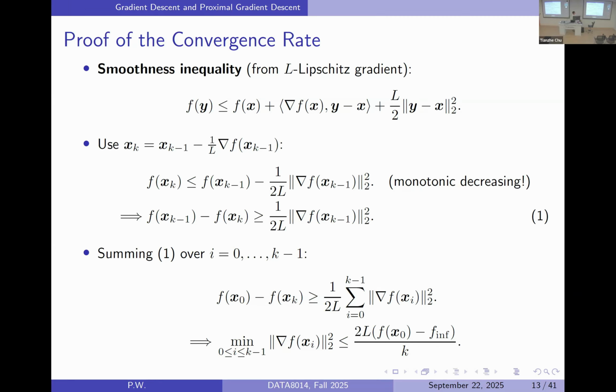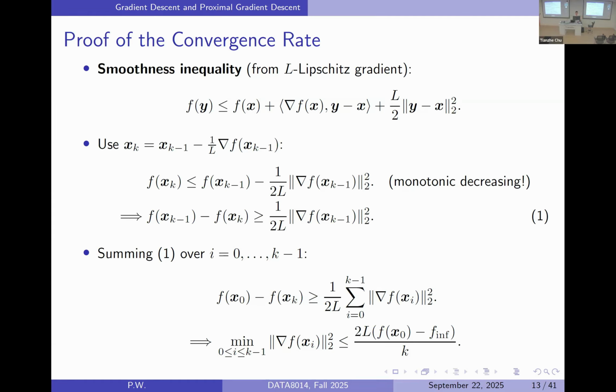Use this quadratic bound and substitute the gradient update into it. You can get this inequality: the function value at iterate x_k is smaller than at the last iterate x_{k-1}, minus a term that is 1 over 2L times the gradient norm squared at the last iterate.